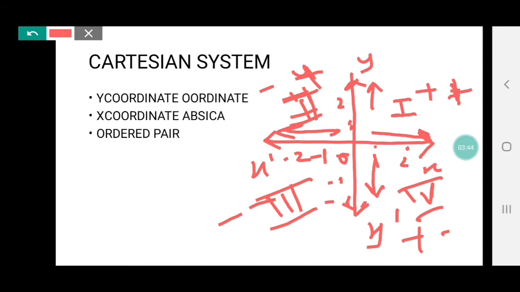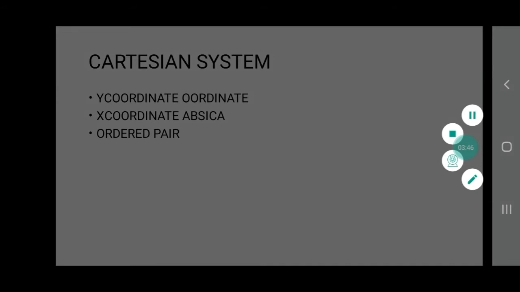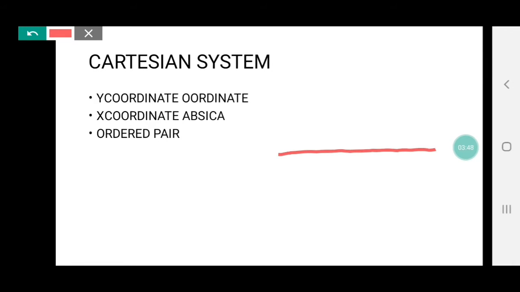Okay. Now suppose you have to represent a point in the Cartesian system. Okay. Suppose this is point A. Now if you draw a perpendicular from the point to the x-axis, wherever it is intersecting, that will be the x coordinate, and if I draw a perpendicular from the y-axis, wherever it is intersecting, it will represent the y coordinate.